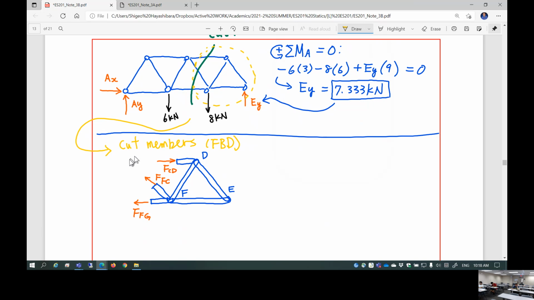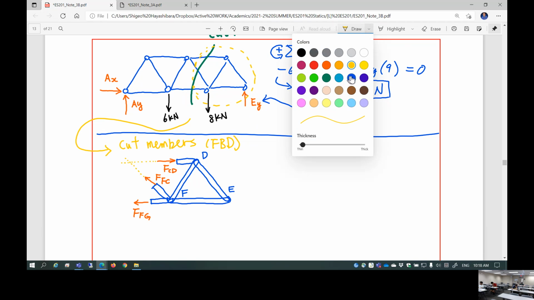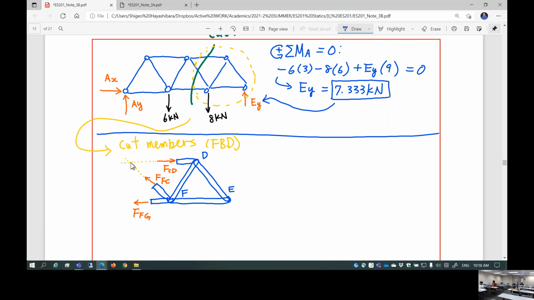And if you extend the direction of those two forces, this is the imaginary location, joint C. And then a little bit more information.